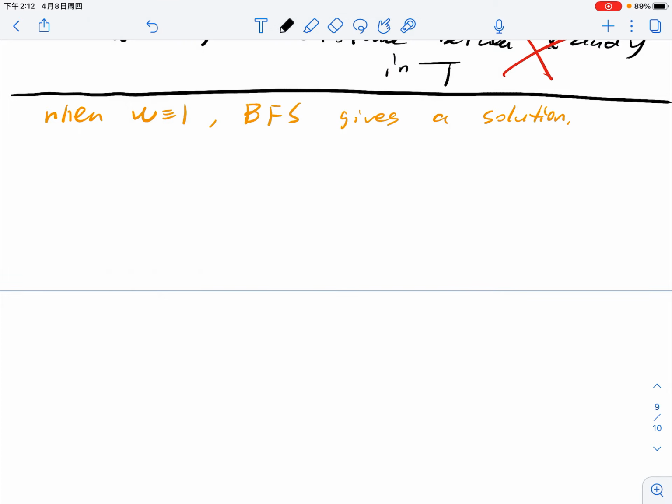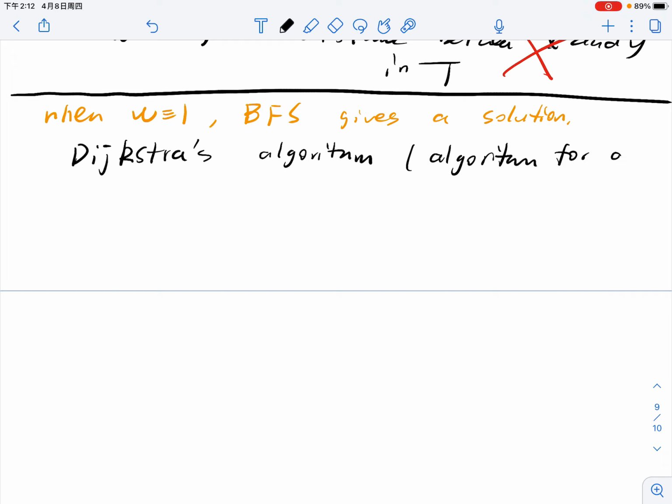And now this can be viewed as a generalization of the BFS method. This is called Dijkstra's algorithm, or the algorithm for a distance tree for the weight omega.